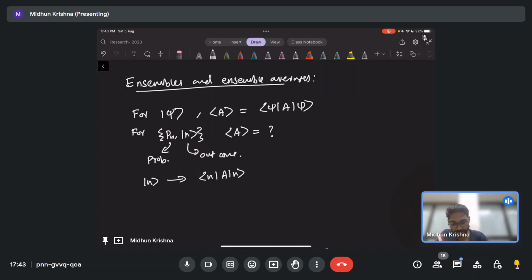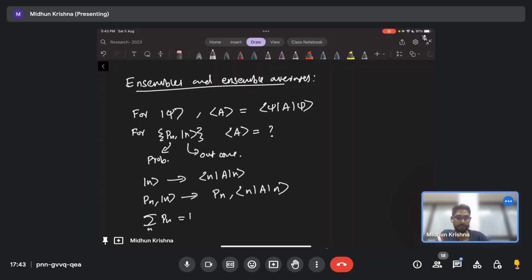Now n happens with some probability Pn, which means with probability Pn, I would get the expectation n A n. Do you agree with this? If you don't, let me know. The sum over n of Pn is the probability, so it sums up to one. So with Pn probability, I will get this expectation.